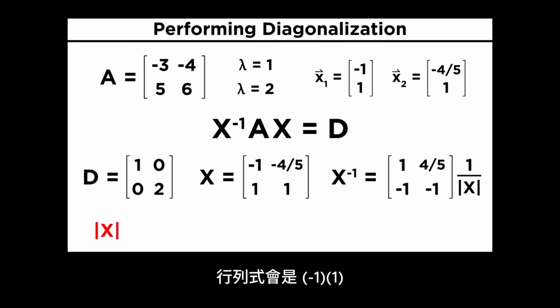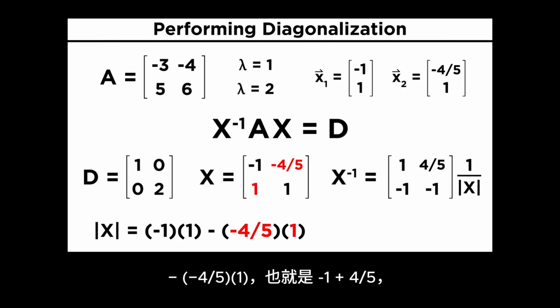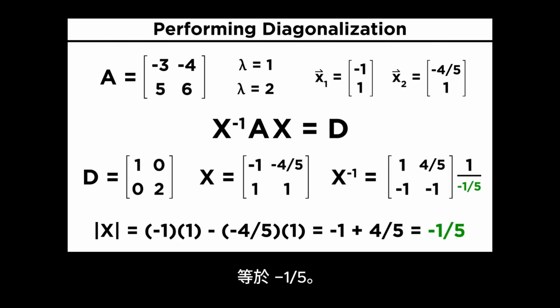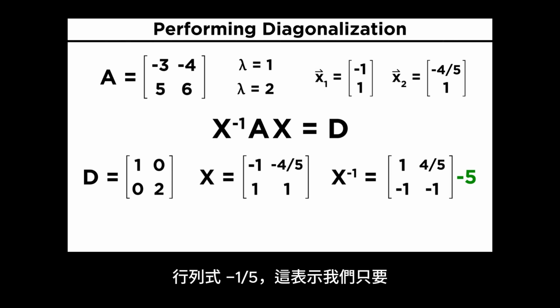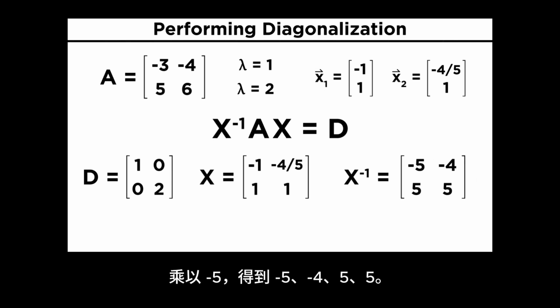The determinant will be -1 times 1 minus -4/5 times 1, which is -1 plus 4/5, which equals -1/5. The inverse will therefore be the matrix 1, 4/5, -1, -1, divided by the determinant -1/5, which means we just multiply by -5, giving us -5, -4, 5, 5.